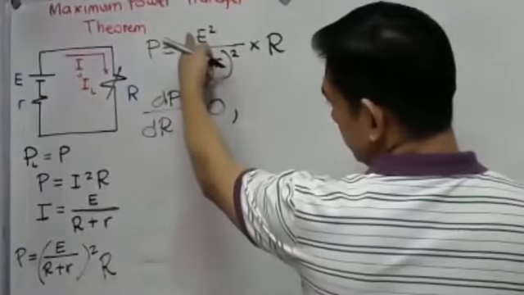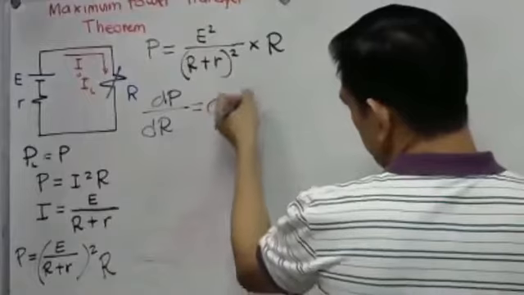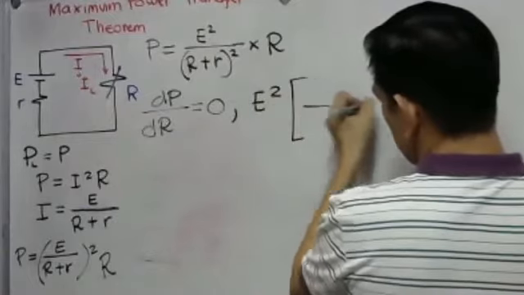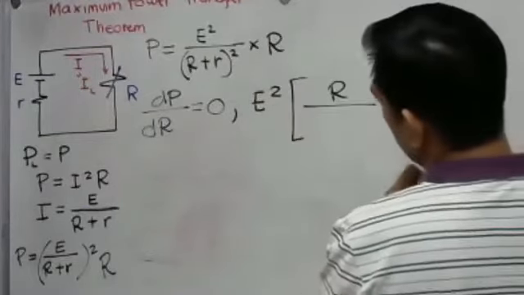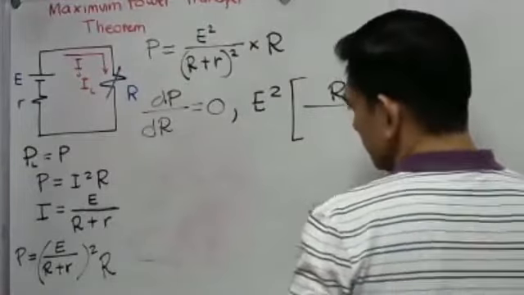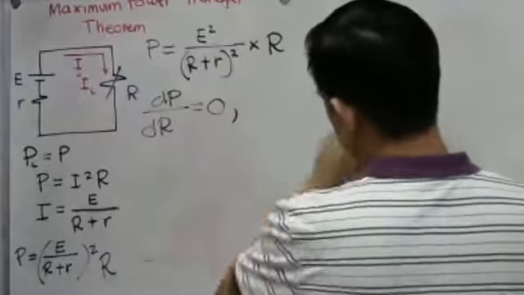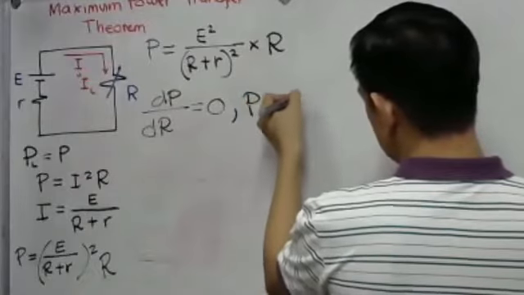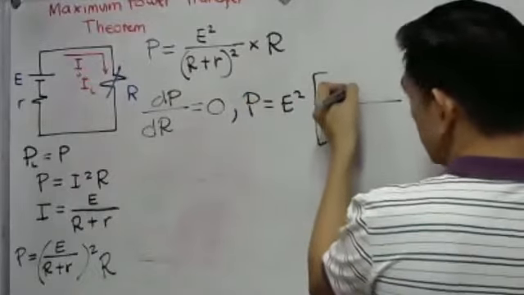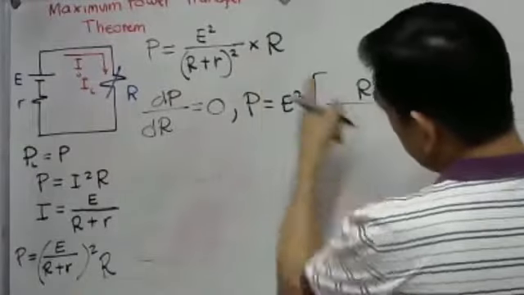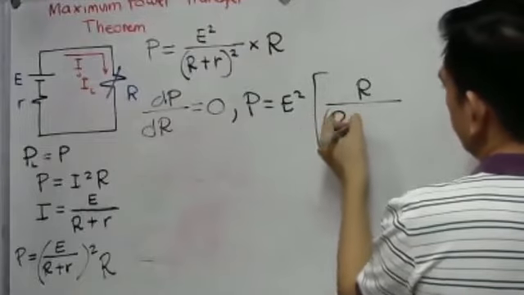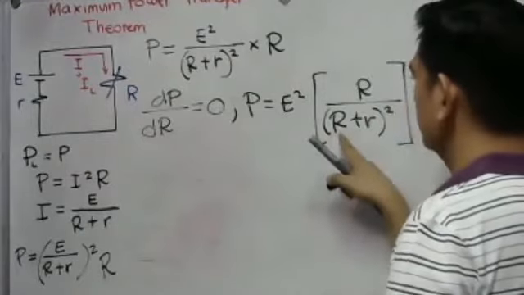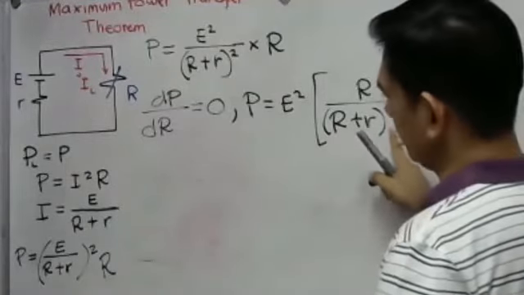They will become constants. So our power is simply equal to E squared, and then we have big R divided by big R plus the small r quantity squared.